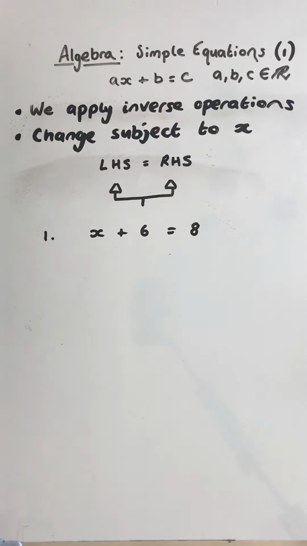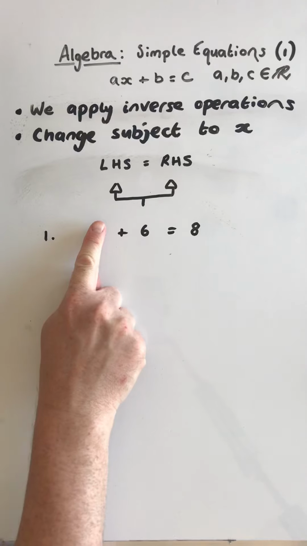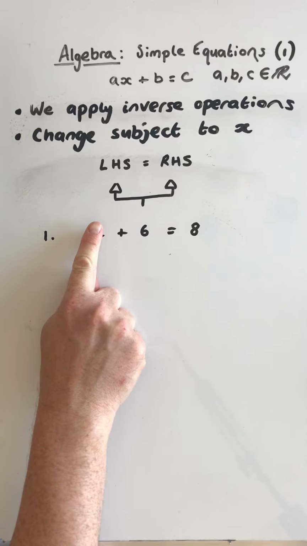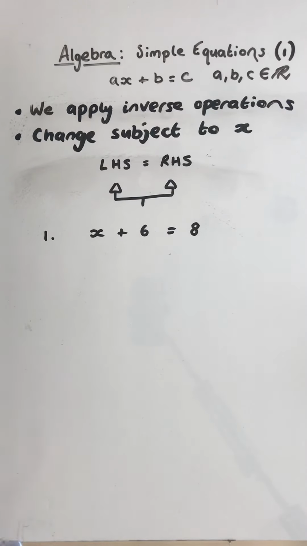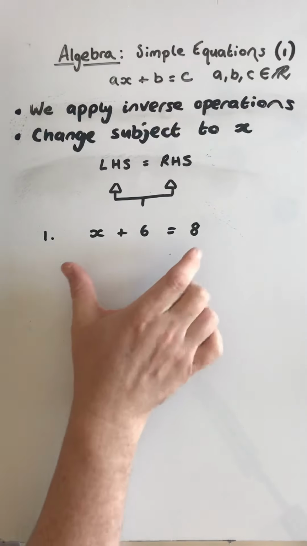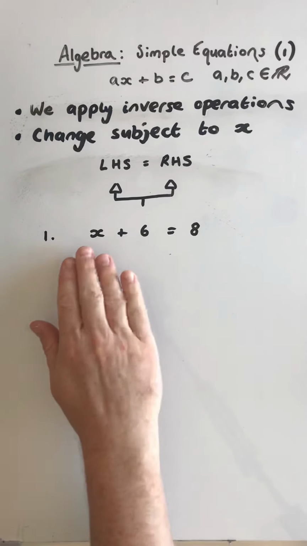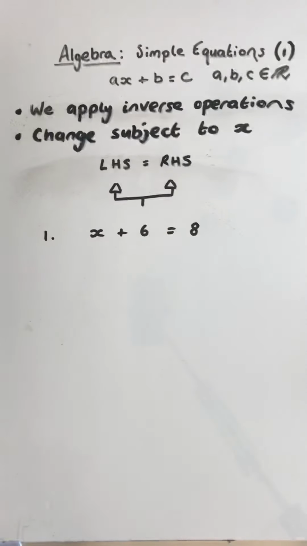Now, you will have solved equations before, I would imagine, using cover-up. What's underneath my finger to be added to 6 to equal 8? You will also maybe be aware of inspection, just looking at it and saying, that's 2.